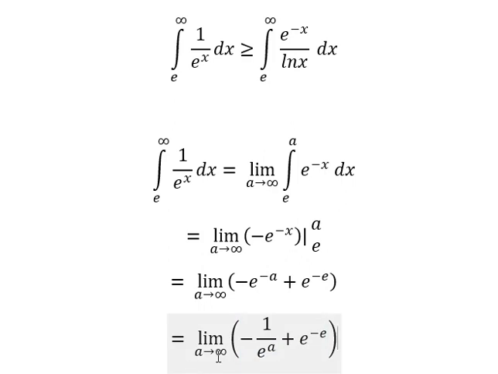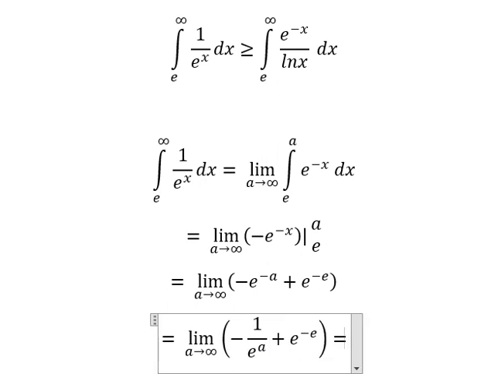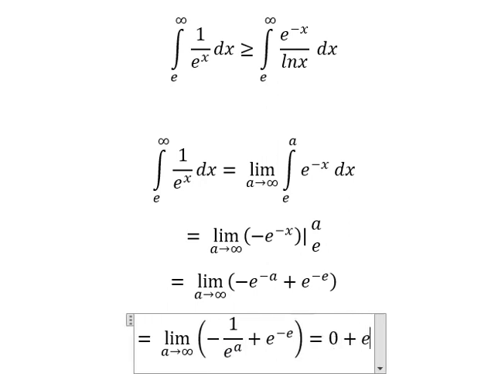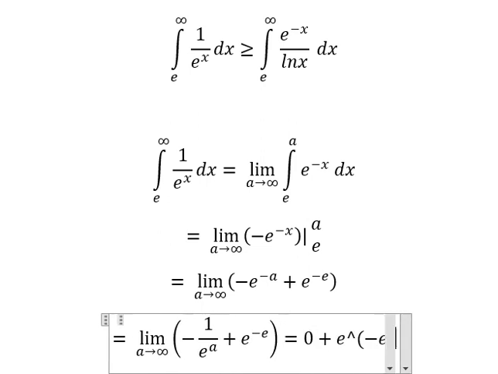When a approaches positive infinity, e to the power of a will go to positive infinity. 1 divided by positive infinity, you get 0. And now we have 0 plus e to the power of negative e.